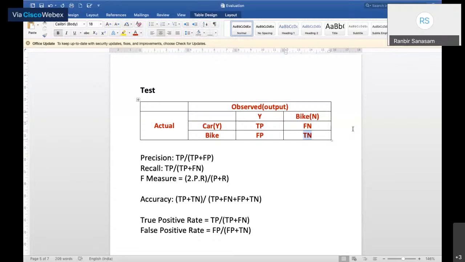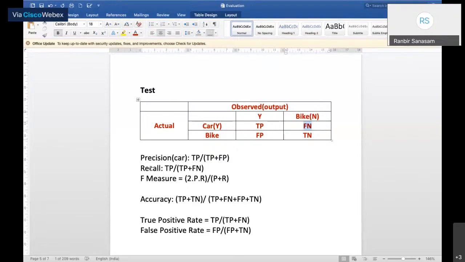Once I have these, you have precision and recall. Precision is nothing but, if I say precision for car, that basically means among the samples that are predicted as car, how many are actually car? That is the precision. That means true positive divided by true positive plus false positive.